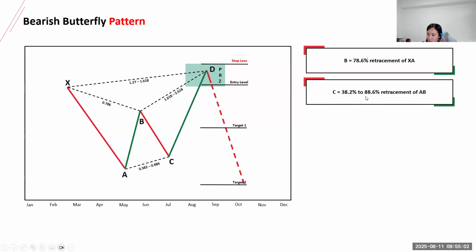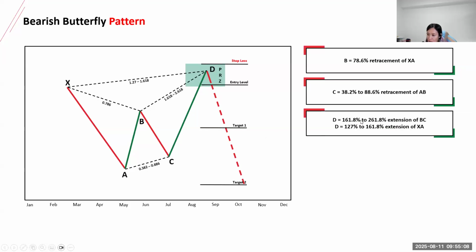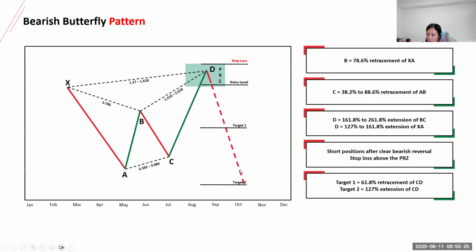C retraces 38.2 to 88.6% of AB. And D can use a BC extension, or an extension of X to A, or you can use a projection from A, B, C, and then you get the D point. Stop loss the same.